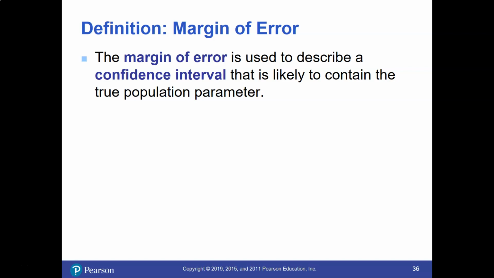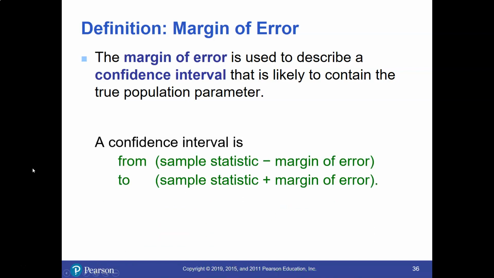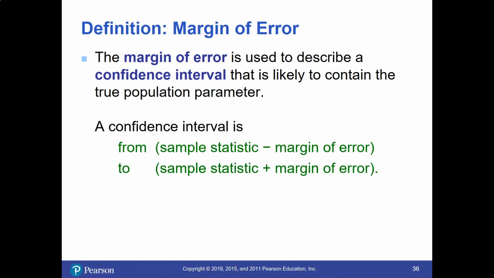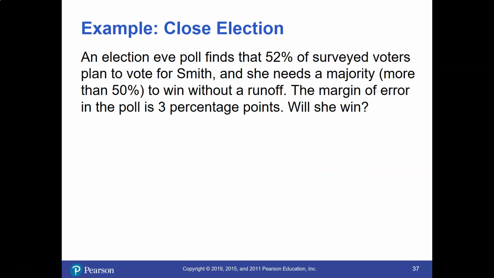It kind of depends on some factors. But the margin of error is basically the distance from the middle to each side. So you've got your sample statistic minus your margin of error, which gives your lower bound, and your sample statistic plus your margin of error gives your upper bound.